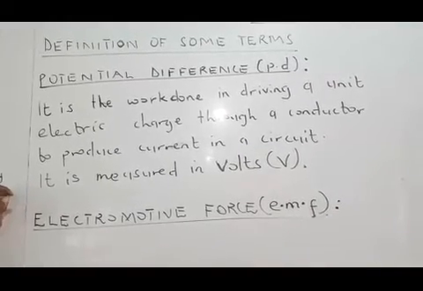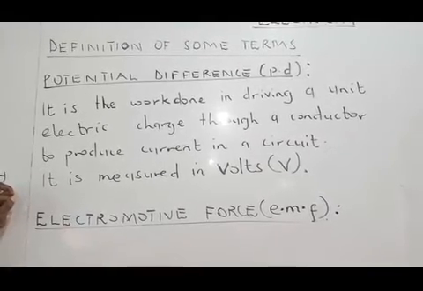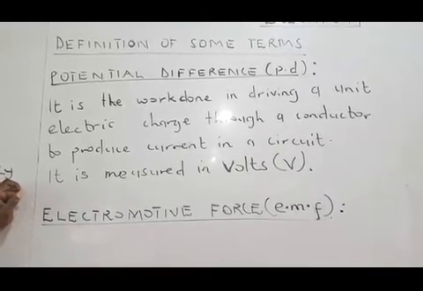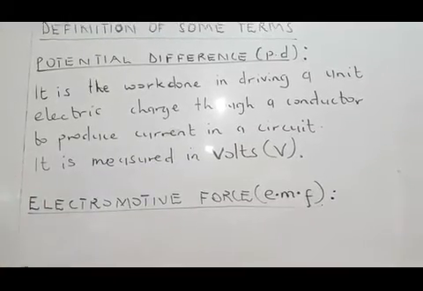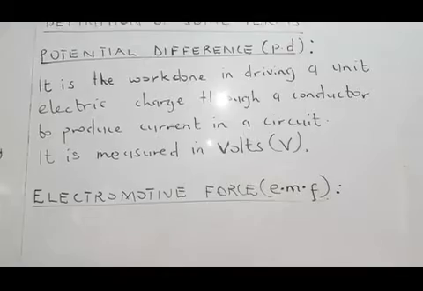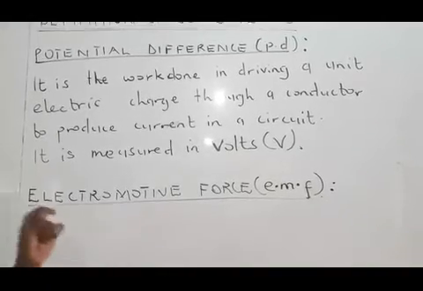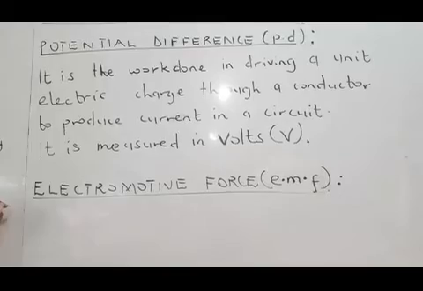So the force that is needed to drive a unit electric charge through a conductor is what we refer to as what? The EMF. The work that is done in driving the unit electric charge is the potential difference. But the force required in driving the unit electric charge is what we refer to as electromotive force.